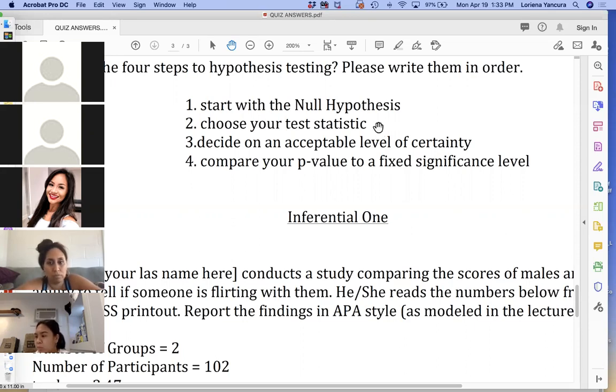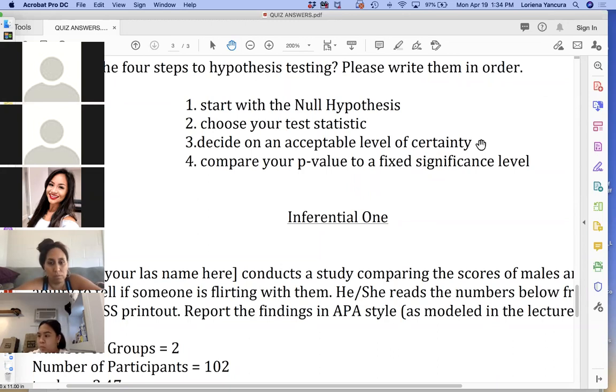Then you choose your test statistic, and that is based on what you want to know. How many groups do you have? And do you want to talk about relationships or differences? Then you get the easy step, that's decide on your alpha value, and that's saying, how sure do I want to be that my results are not due to chance?